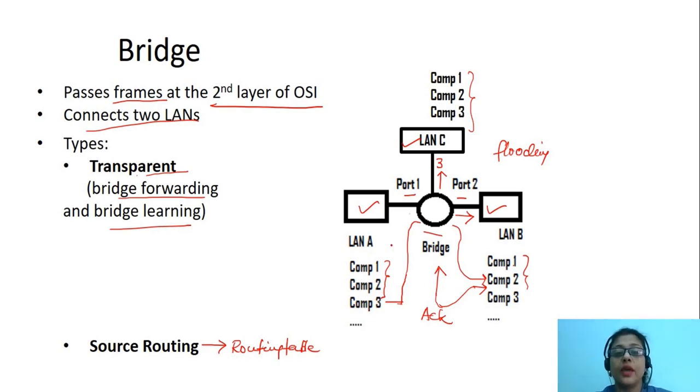So this is the way of bridge forwarding and bridge learning. Slowly the bridge learns about the different configuration of the computers belonging to different LANs. So this is about the bridge.